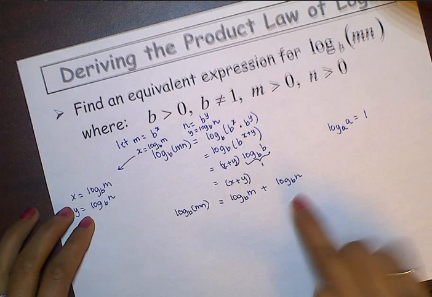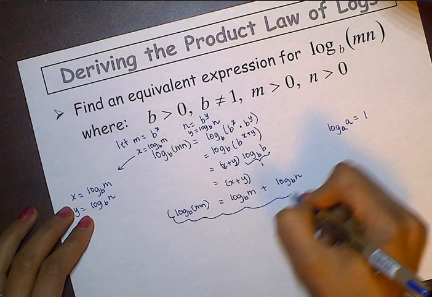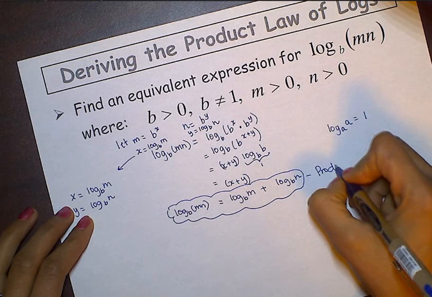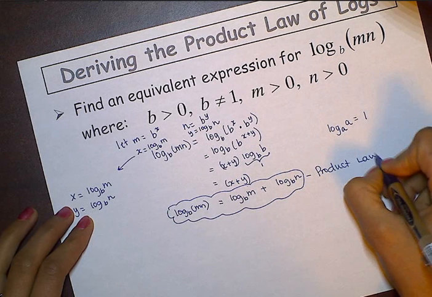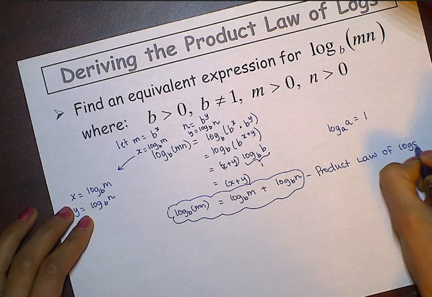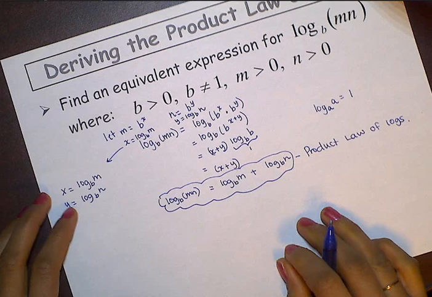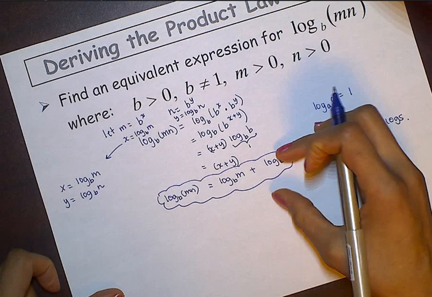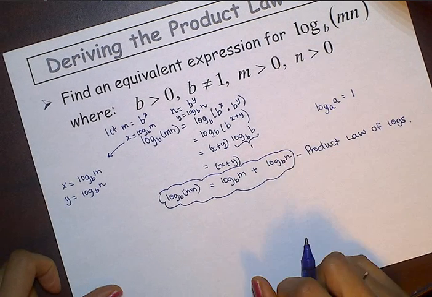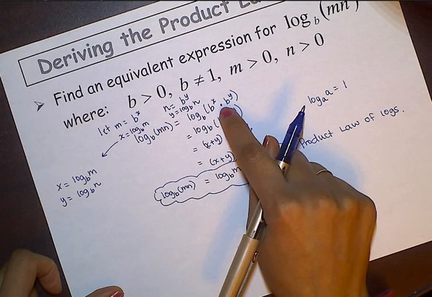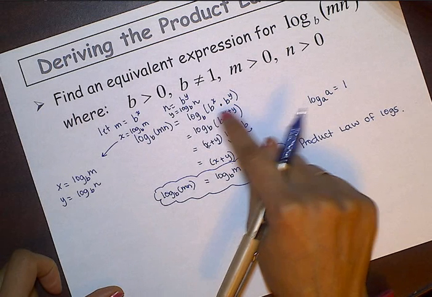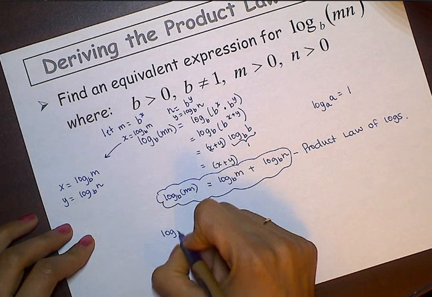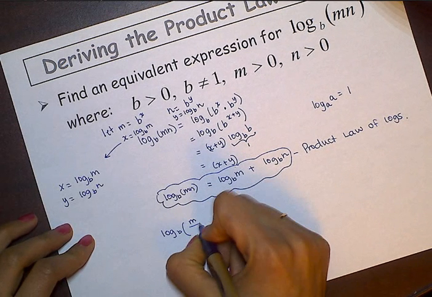Now when I'm deriving the quotient law of logs, it's the same methodology that I've just used here. Instead of multiplying my exponents here, I am going to now divide them. So let's just go ahead and do that. So if I have log b of m divided by n, so this is a quotient of m and n, and the same criteria would follow, and the only other criteria that I'm going to add to that is that n cannot equal 0.